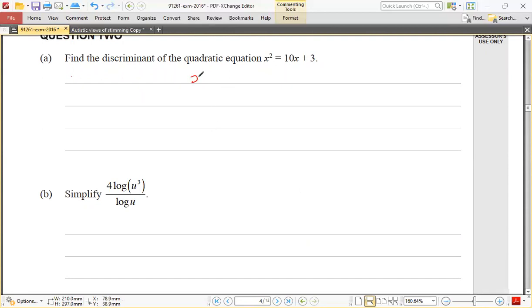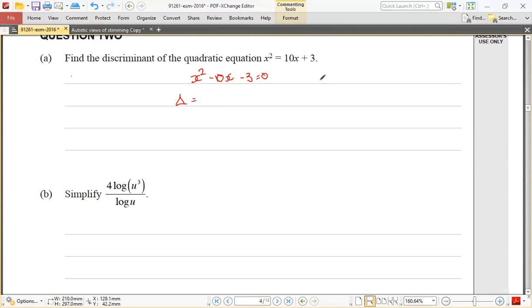We're going to end up with x squared minus 10x minus 3 equals 0. Does that make sense? Yeah. And then remember for the discriminant, it's b squared minus 4ac.